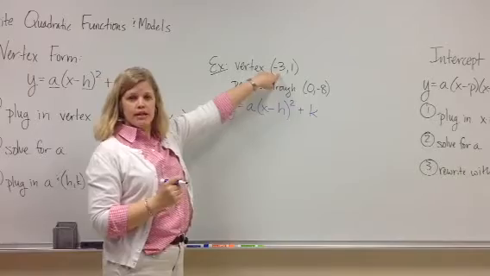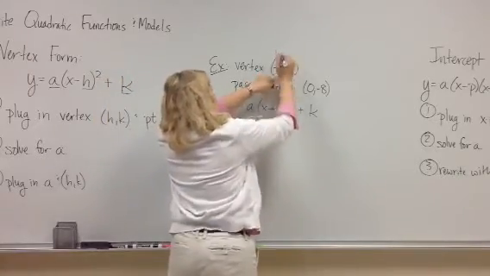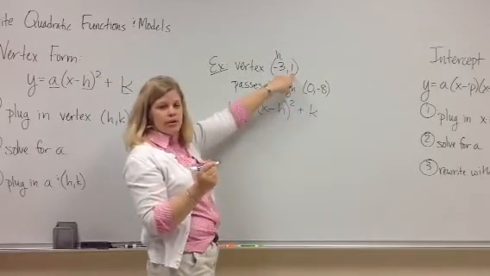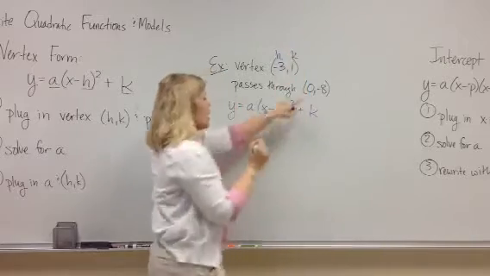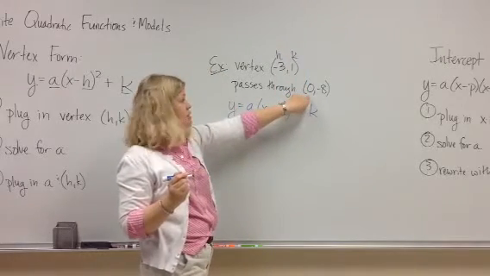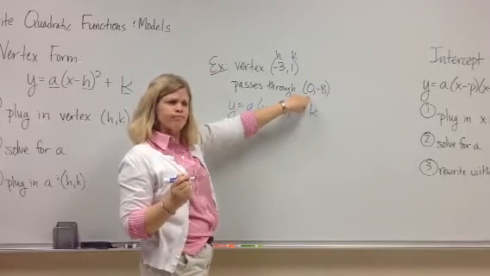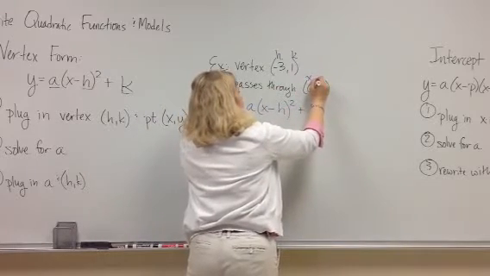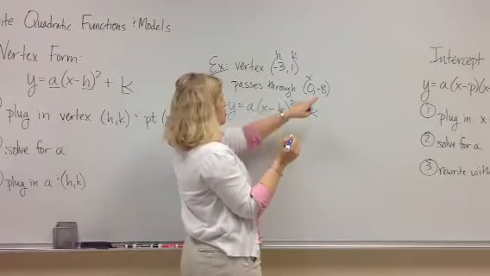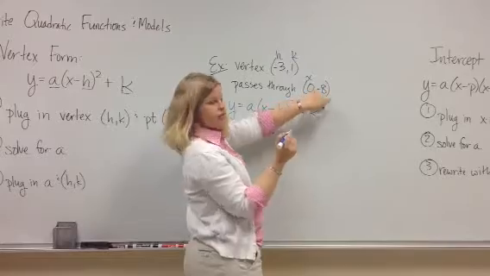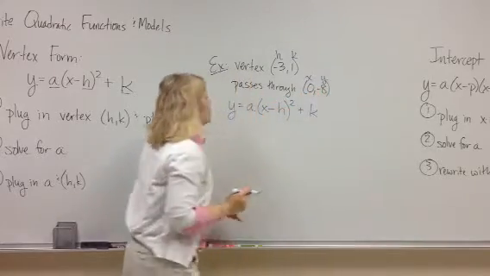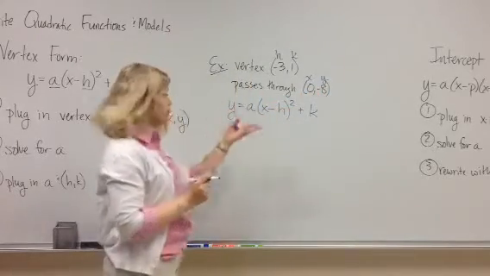What is this going to take the place of? Oh yes, h. And what is this going to take the place of? Oh yes, k. And what can the 0 take the place of? x, yes. You do know how to do an ordered pair, great. And -8 is y. So your first step, plug them all in.